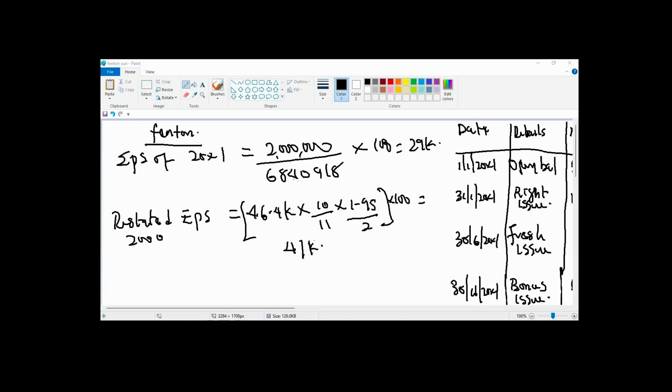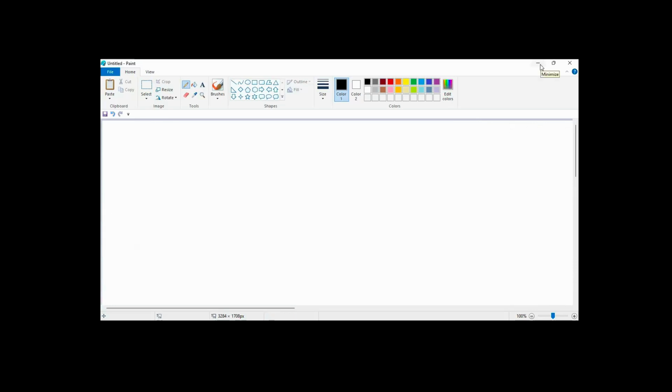Okay, Alpha Limited. We go to question 2 on the combine. Alpha Limited question says, required: calculate the time weighted average number of shares for the basic earnings per share denominator.